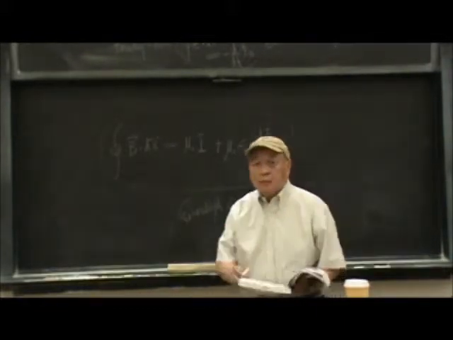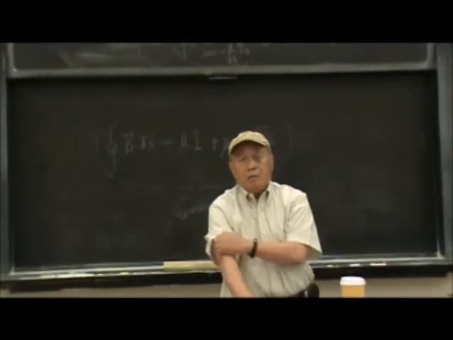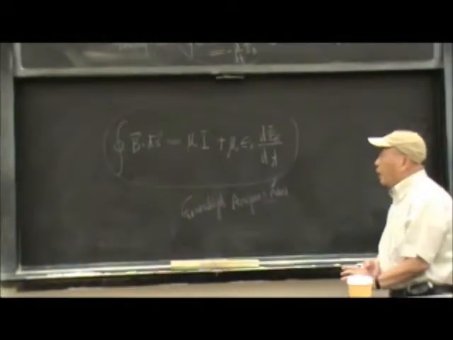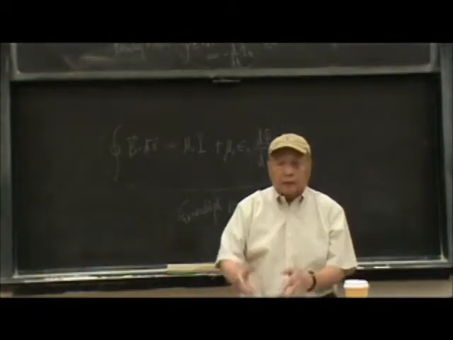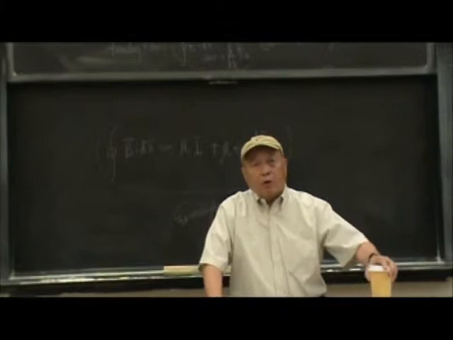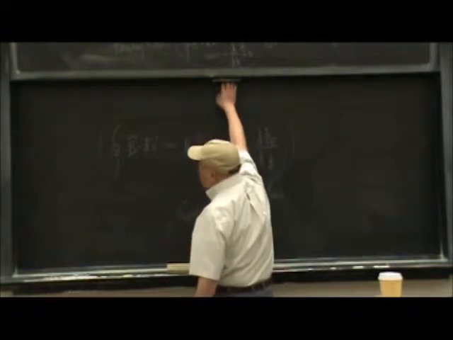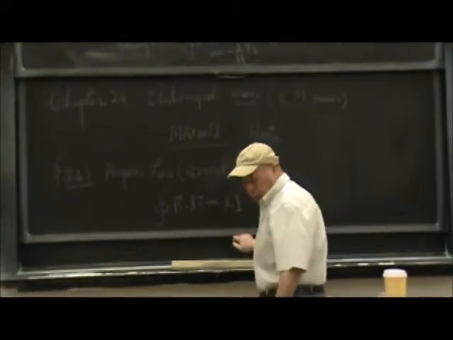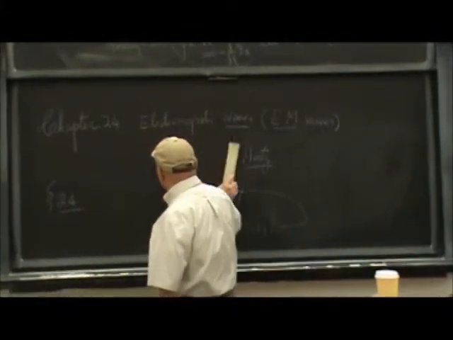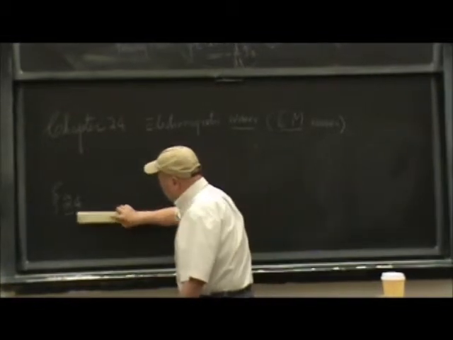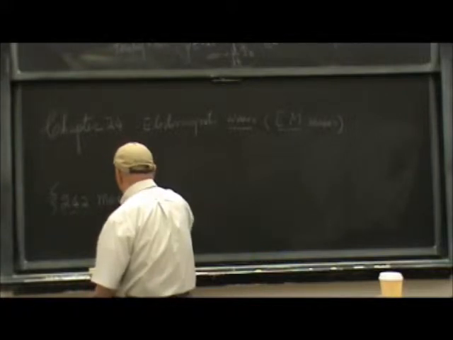After that was done, Maxwell said, okay, now we summarize: all of electricity and magnetism are fused together. That builds up what we call the Maxwell equations, in section 24.2.